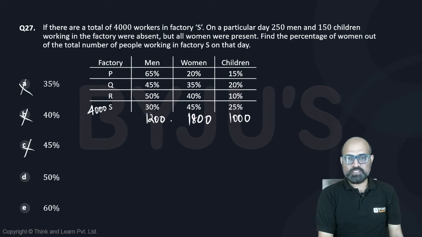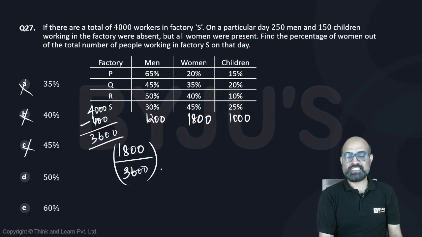So out of these 250 men and 150 children, that is 400 people, they were not present. So can we say 1800 women are there, and we don't have now 4000 people. 400 people are missing, so we have only 3600 people. So 1800 women out of 3600 workers is nothing but 50%.